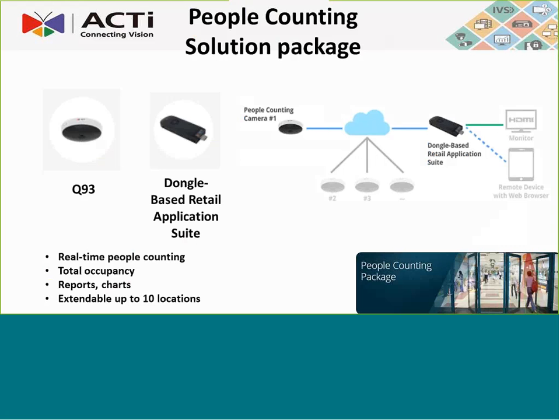So with this dongle, you can have the software and your customized report. It will do real-time people counting, total occupancy reports, and it is extendable up to 10 locations. So the package comes with the camera, the hardware, and one license for that one camera.